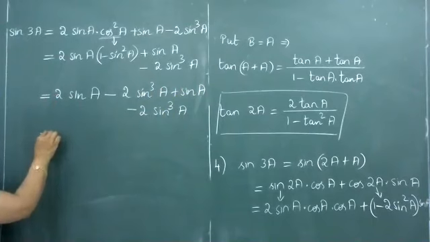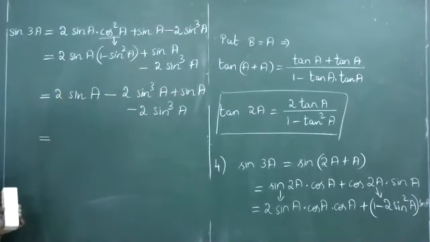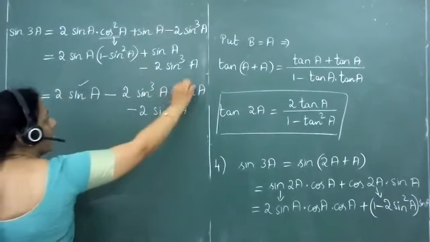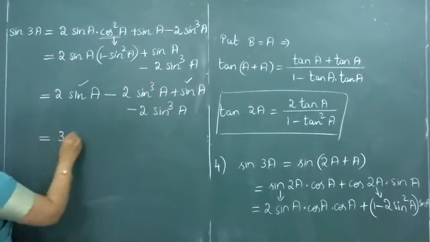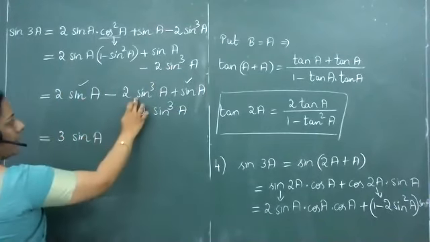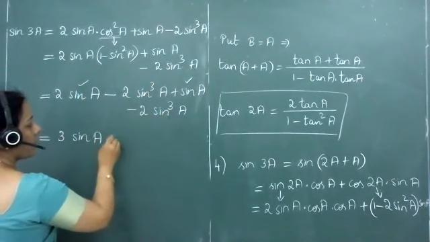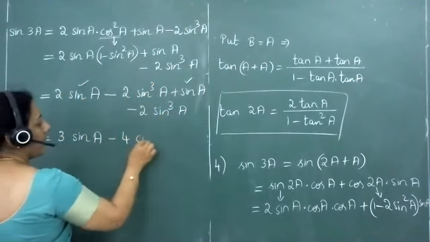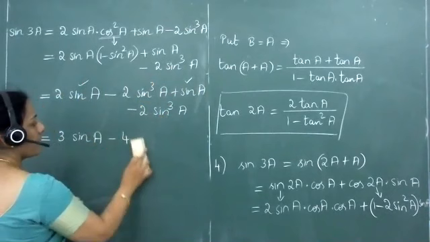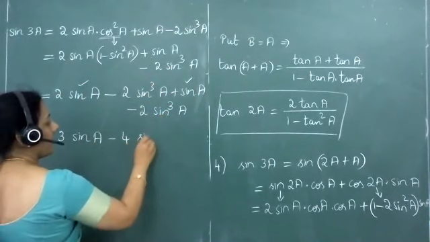And what do we know here? We have certain similar terms, isn't it? 2 sin a plus sin a, that gets us 3 sin a. Minus 2 sin cube a minus 2 sin cube a can be considered as minus 4 times sin cube a.